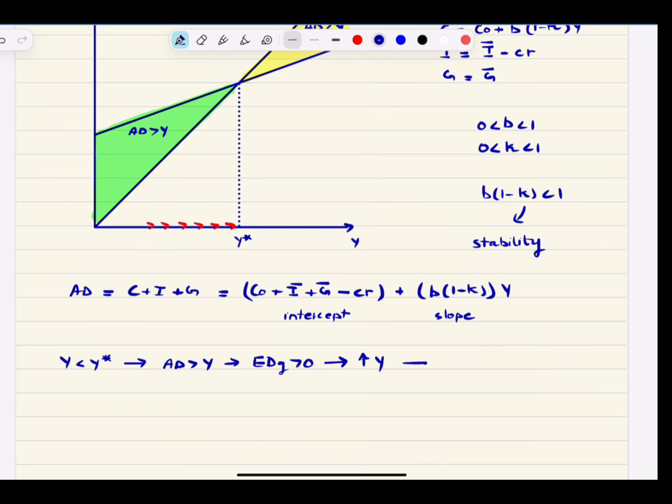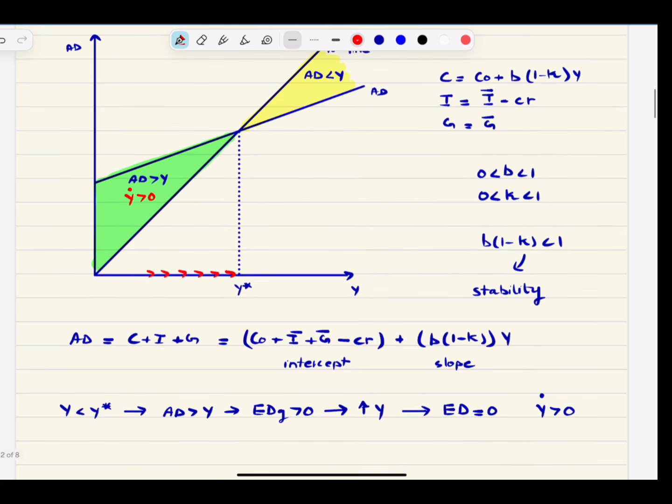What we need to remember is that when we're on the left side of y star, the change in output with time is greater than 0. Therefore, on this side y dot is greater than 0. That means output changes positively with time.